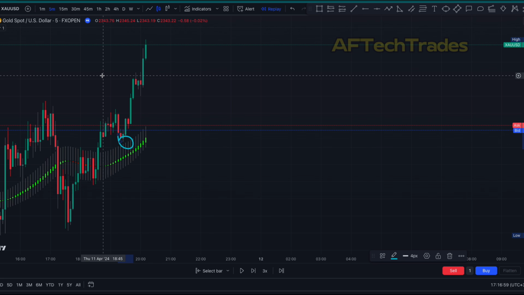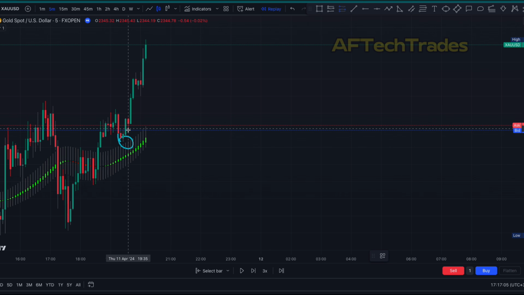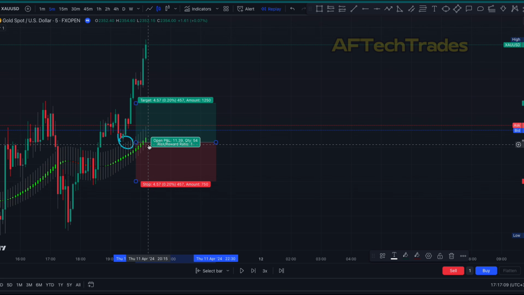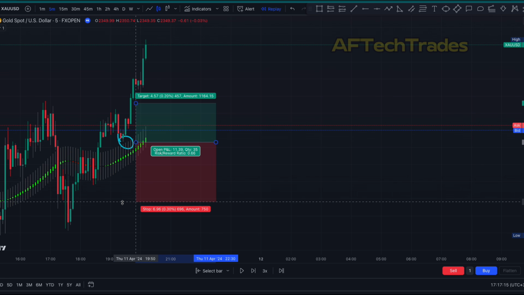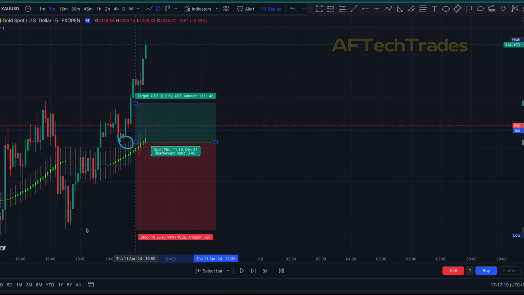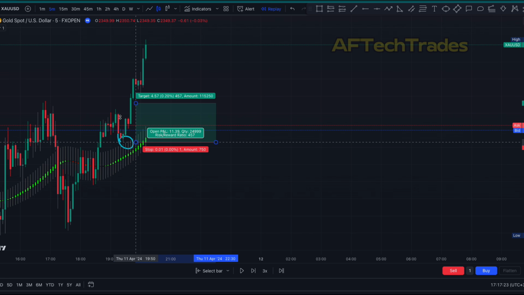So right now we'll be entering for a buy, a long position, just right here, and our stop loss would be at the most recent swing low. You will use the traditional candlestick as your most recent swing low.